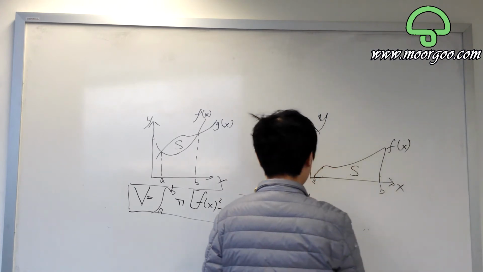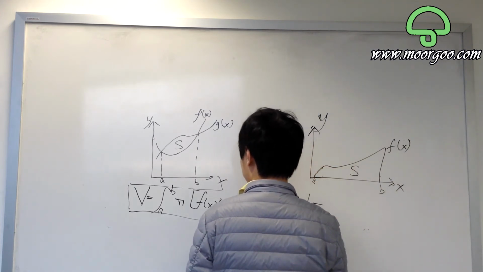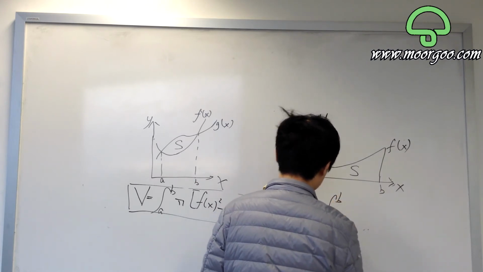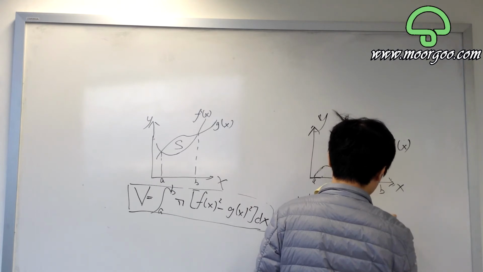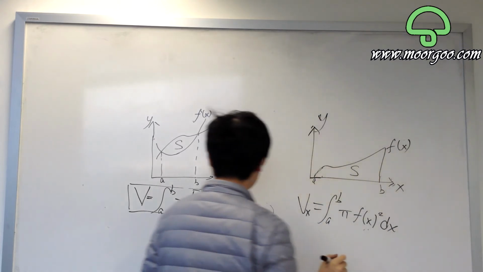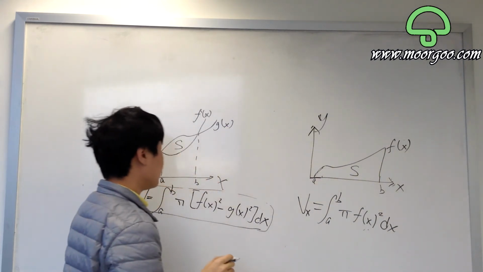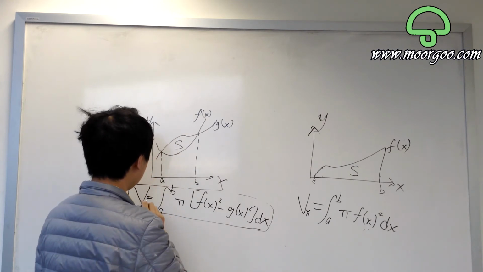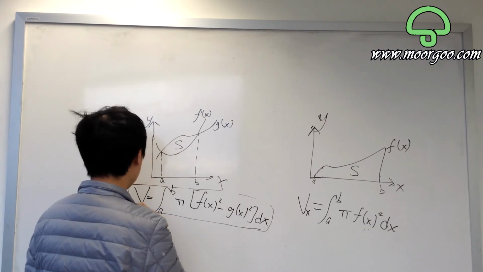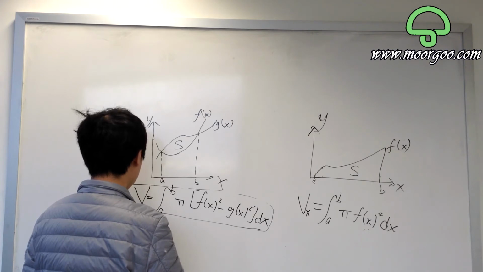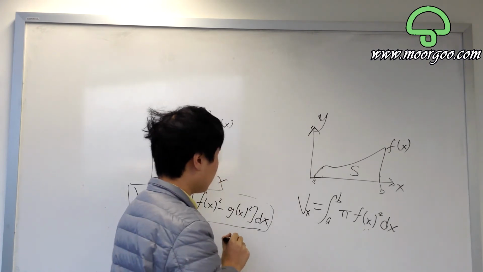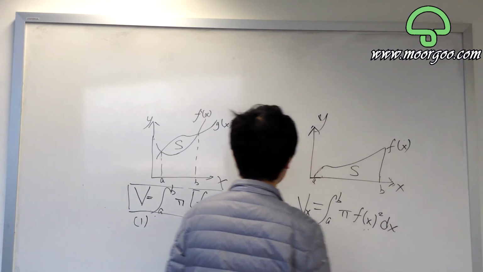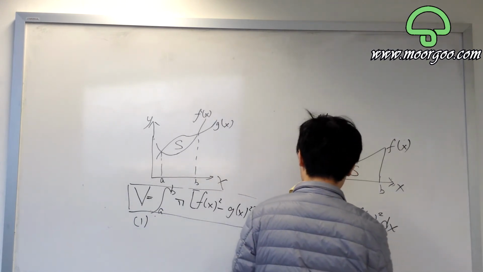If you rotate it around the x-axis, it's easy because this is just a special case of formula number 1 on the left, because in this case g of x is equal to 0.